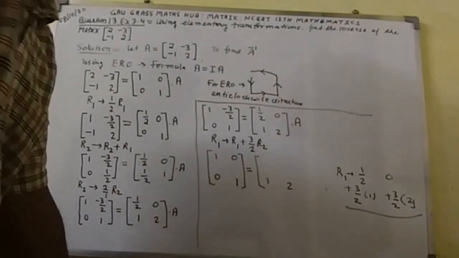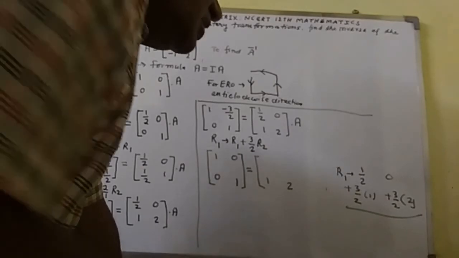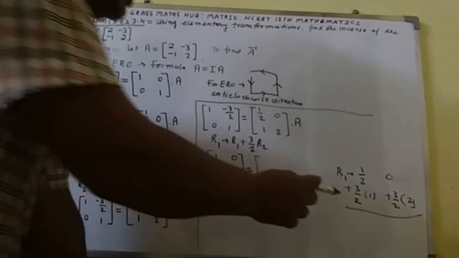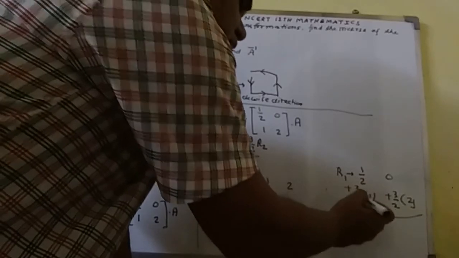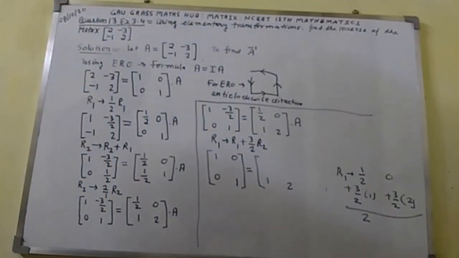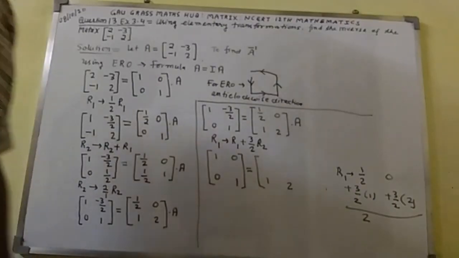Now what will we do here? Do the process here. Plus 3 over 2 will multiply to 1, here you will get 3 over 2. 1 over 2 plus 3 over 2. Here you will take LCM 2, you will get 2. 3 plus 1 gives 4. 4 over 2 comes out to 2.